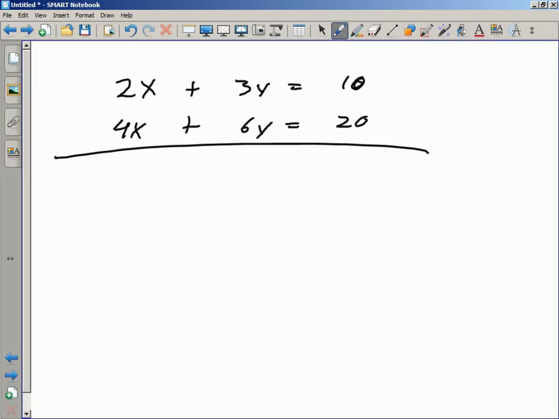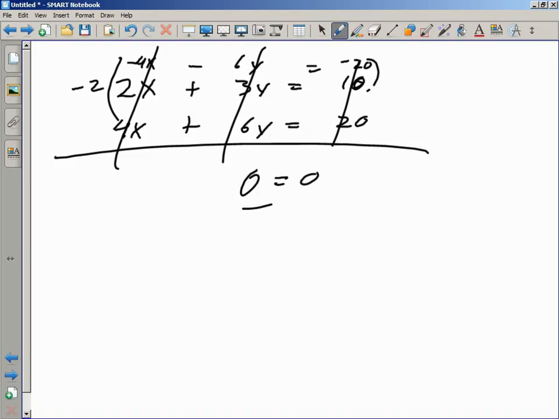One's just a multiple of the other. If I multiply this guy by negative 2, I get negative 4x minus 6y equals negative 20. Cancel, cancel, cancel. You get 0 equals 0. There's an infinite number of solutions, so you don't have any added information. You just multiplied your equation by a constant. So that's what I mean when I say the term linearly independent.